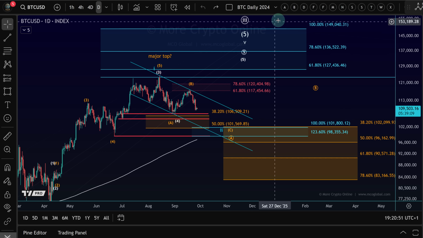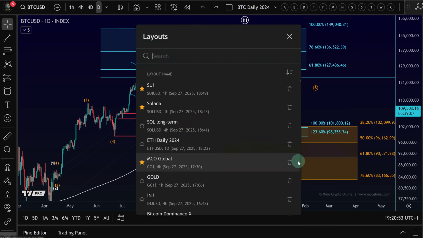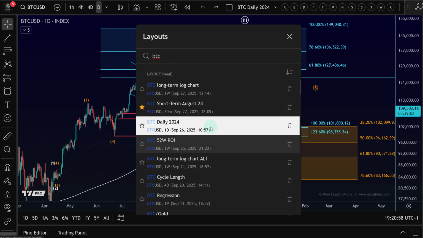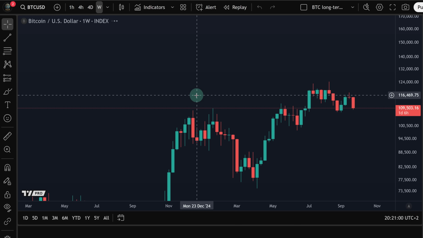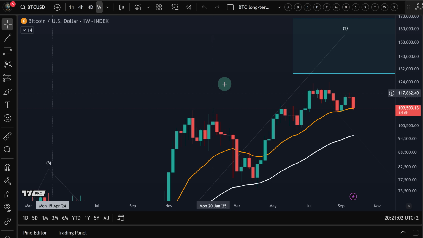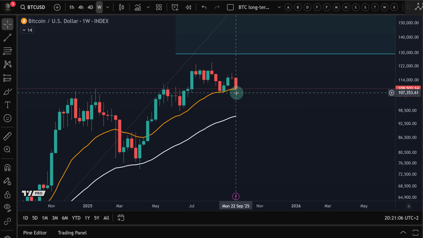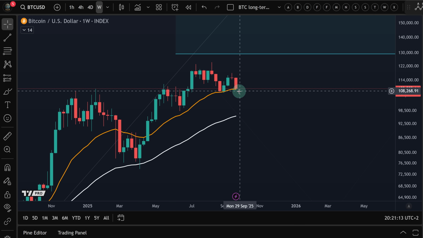In addition to that, don't forget that Bitcoin is currently holding above an important moving average. That's here our orange line. Of course, it's not a very strong one, but the price already found support in September at this one. It's the 21-week exponential moving average.